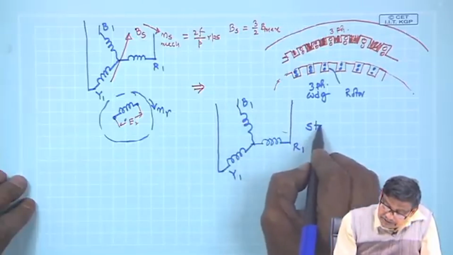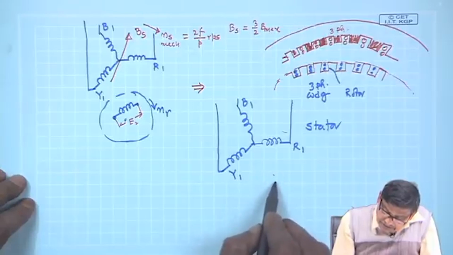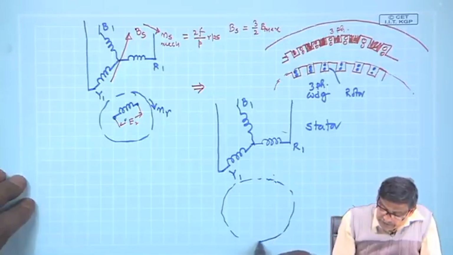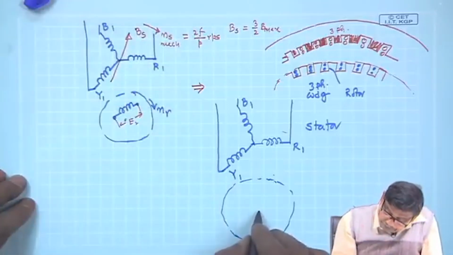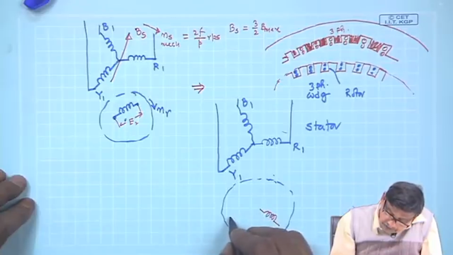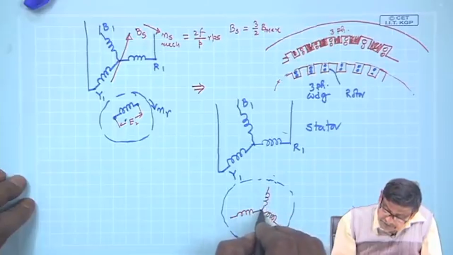This part is stator, and rotor part also it is a 3-phase distributed coil. So, this can be also represented as some R phase, Y phase and B phase.